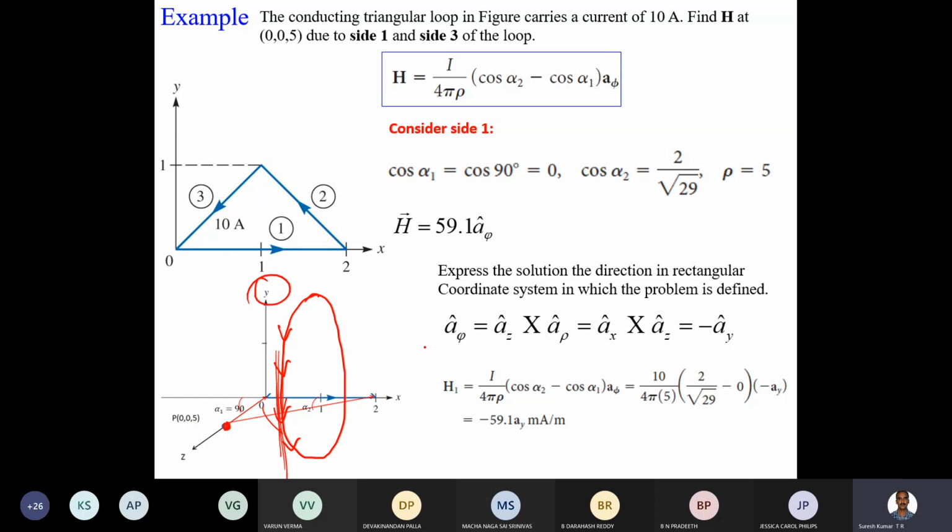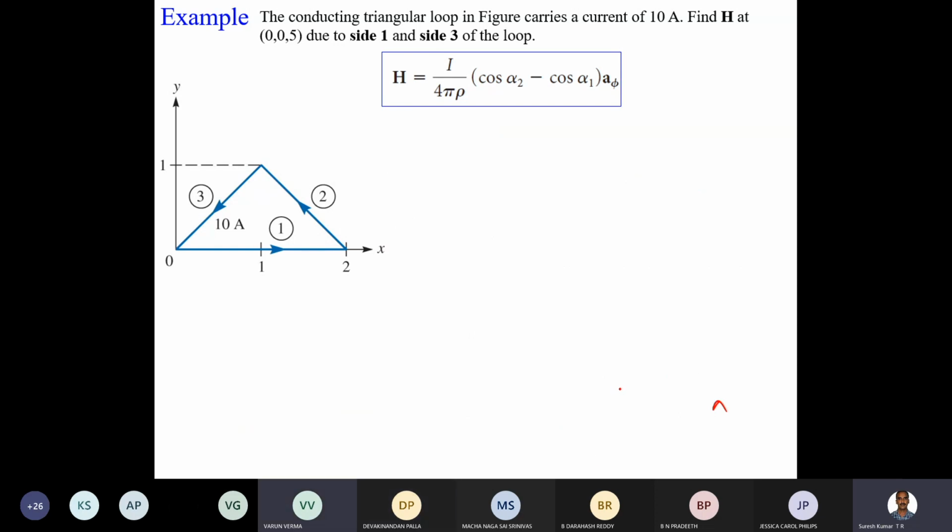Downward direction means it is in the negative y direction. That is why the magnetic field due to element 1 is along the negative y direction. Please speak if you are not able to get why it is negative y, or else I will move to the other segment. Guys, is this clear?